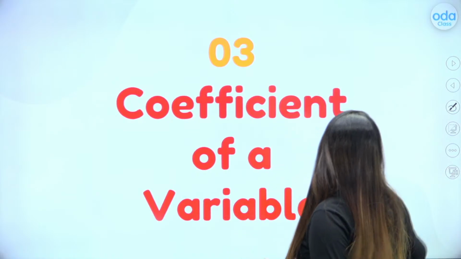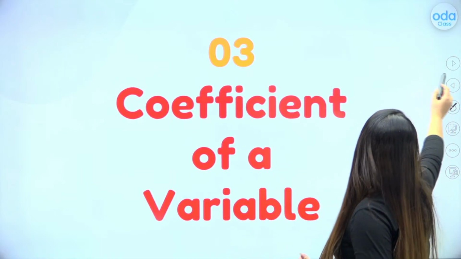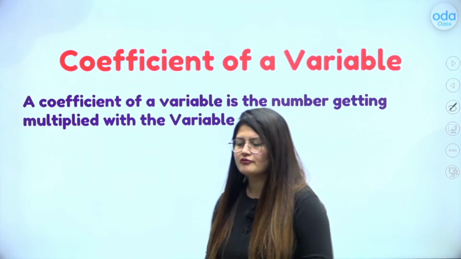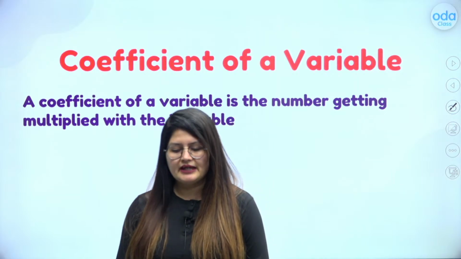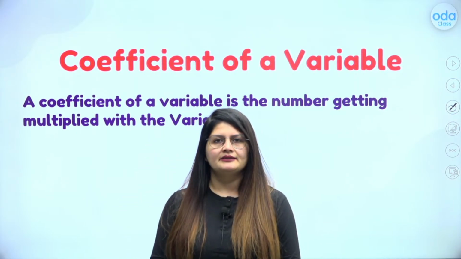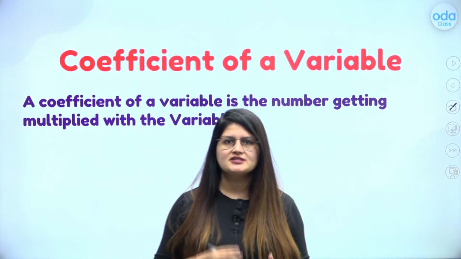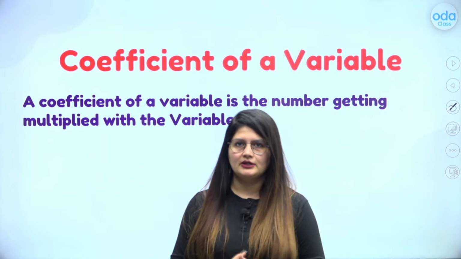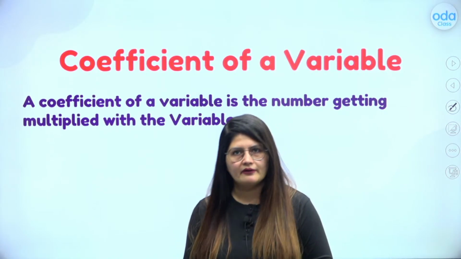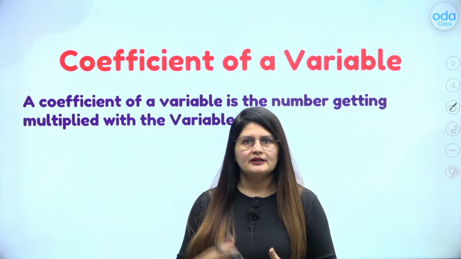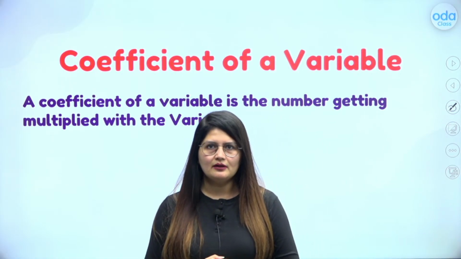Okay. So, talking about what are coefficients, a coefficient of a variable is a number getting multiplied with a variable. That is the number which is getting multiplied with a variable. Or to be very specific, here we are talking about a numerical coefficient, because we are talking about a number that is getting multiplied with a variable.